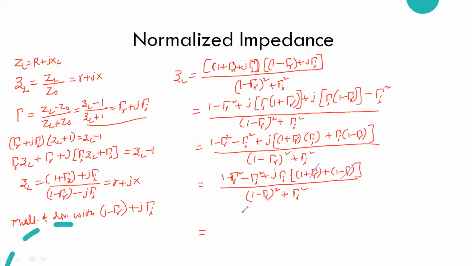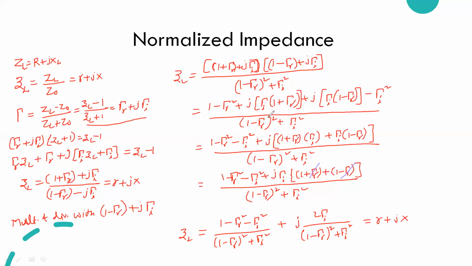I am going to write this entire equation in terms of real and imaginary parts separately, because the denominator term is the same: 1 minus gamma r square minus gamma I square divided by the same denominator, plus j into 2 gamma I divided by 1 minus gamma r whole square plus gamma I square. So this term is equated to r plus jx.